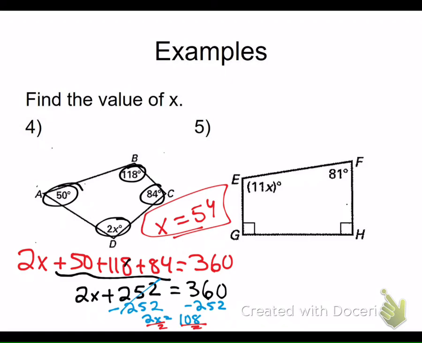All right, any questions? Okay, 5 we're going to do the same way, only what am I adding this time? Yeah, these are both 90 and 90, and then the two angles up at the top. So I'm going to do 11x plus 81 plus 90 and 90, and that still equals 360. If it has 4 sides, the angles add to 360.